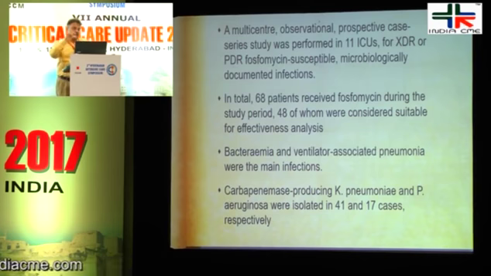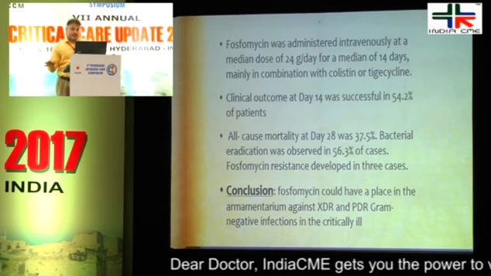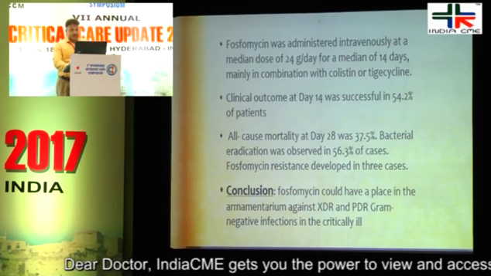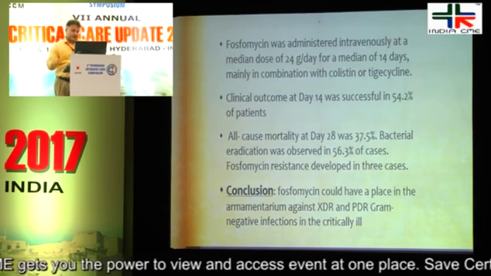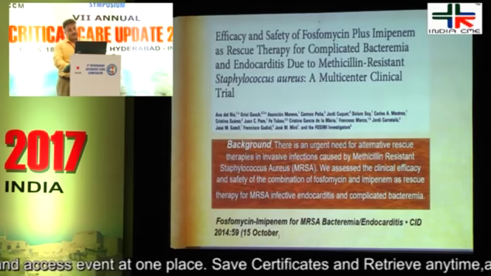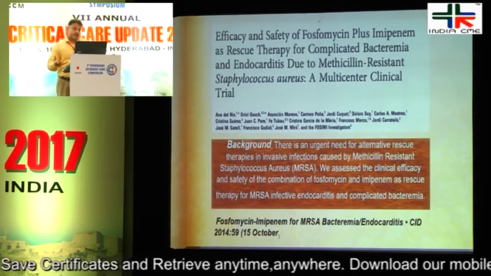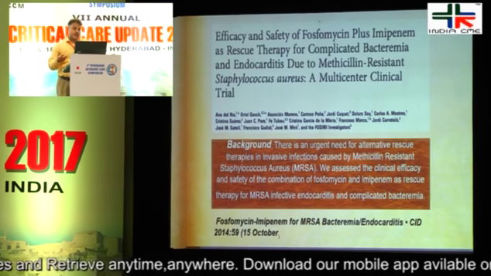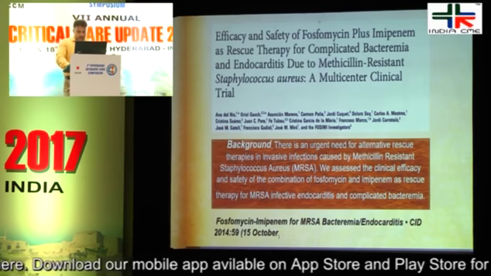What they found was that fosfomycin could have a place in the armamentarium against XDR or pan drug resistant gram negative infection in critically ill patients, because eradication was observed in almost 56% and 28-day mortality was only 37%. In the same way, fosfomycin plus imipenem as a rescue therapy, where daptomycin or vancomycin was not working to treat MRSA endocarditis, the drug has shown better results in comparison to vancomycin.